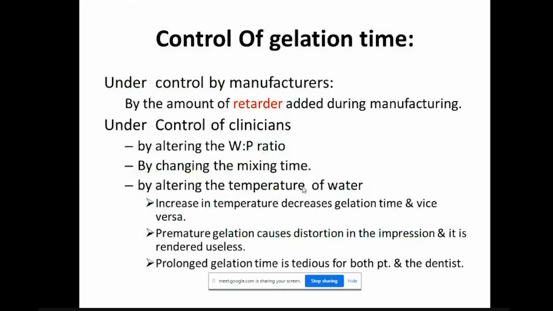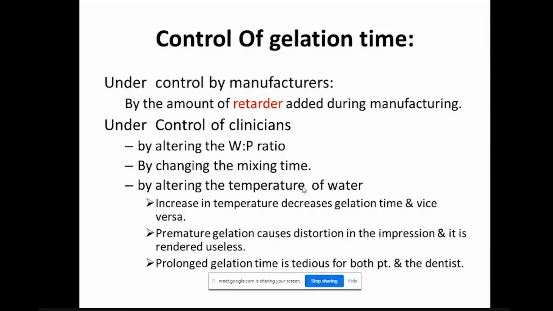How do you control the gel time? You have two types of control. You have one control by the manufacturer, by the amount of retarder added during manufacturing, or sometimes you can control it by the clinician. What do you mean by clinician? It is you. The dentist can control the gelation time.